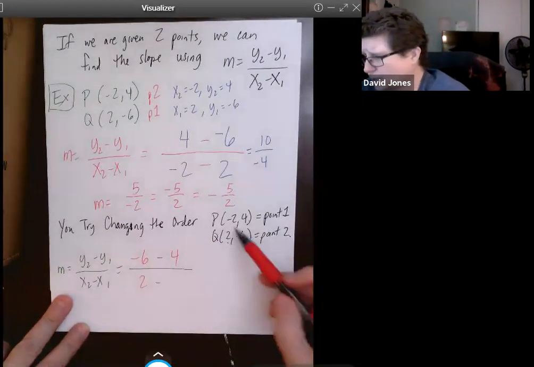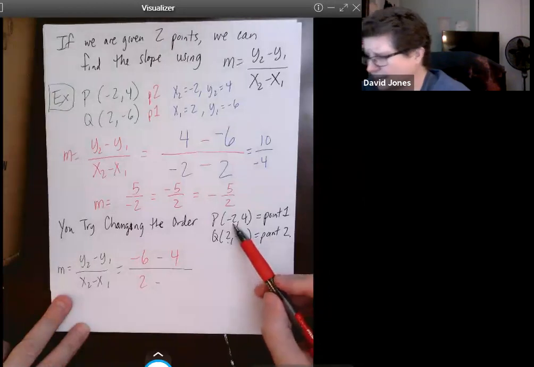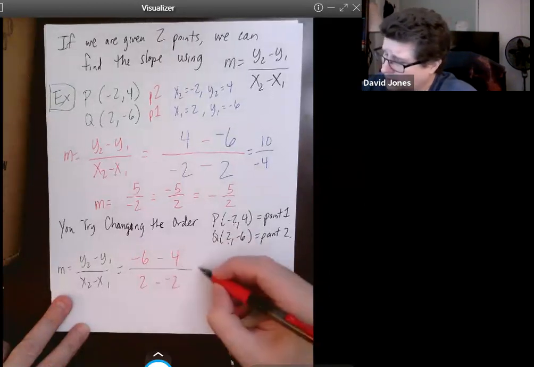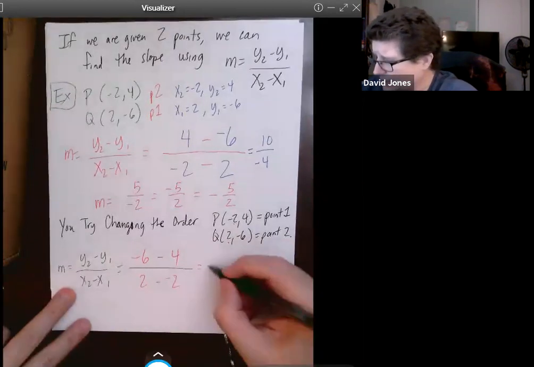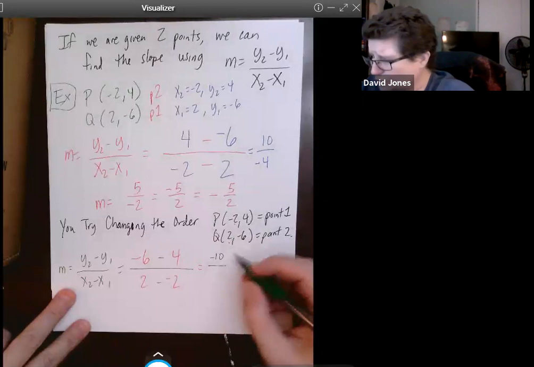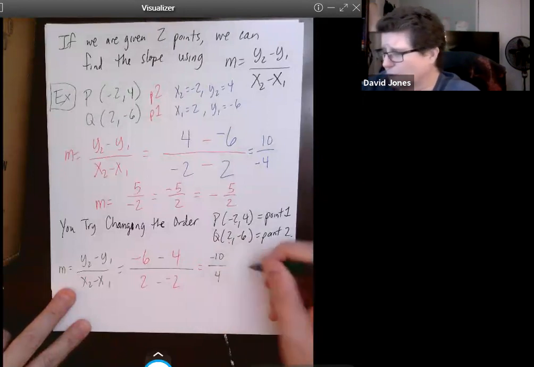And x1 is the x value on P, which is -2. -6 minus 4 is -10. 2 minus -2 is +4.